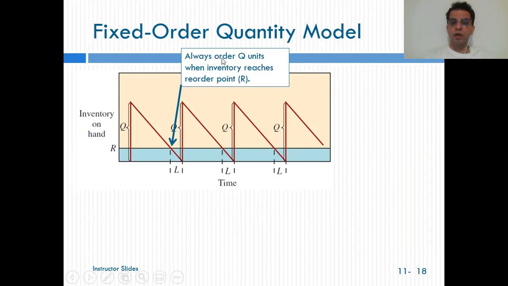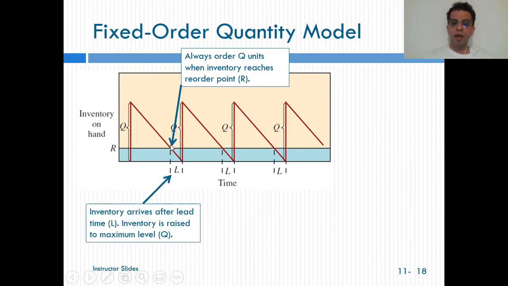So always order Q quantity when the inventory reaches the order point, which is this one. And then inventory arrives after a lead time, so one week or something.